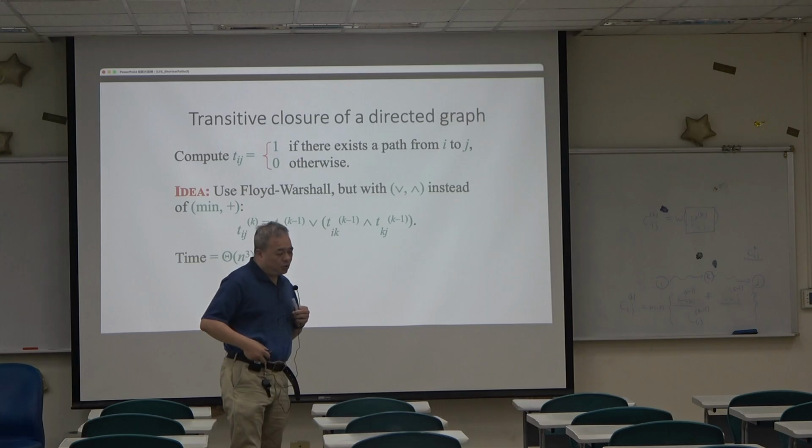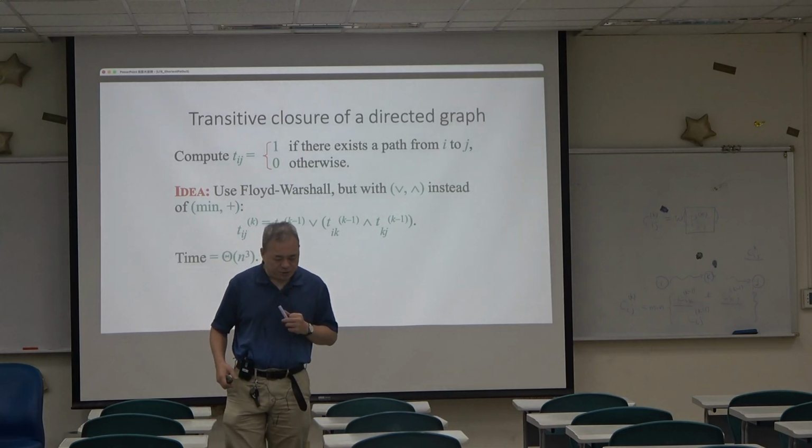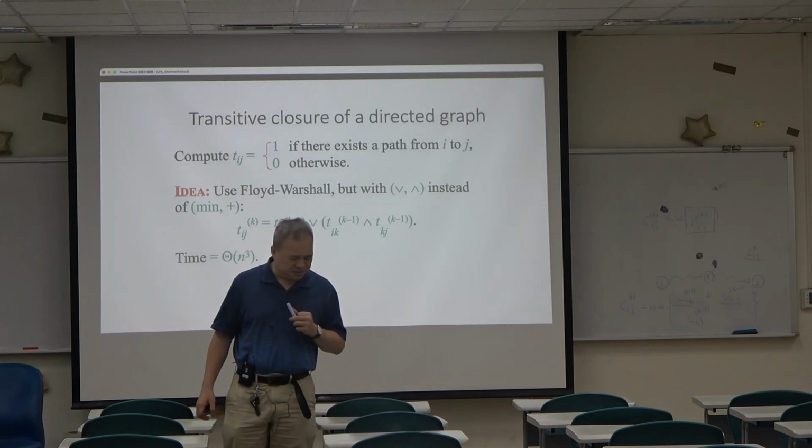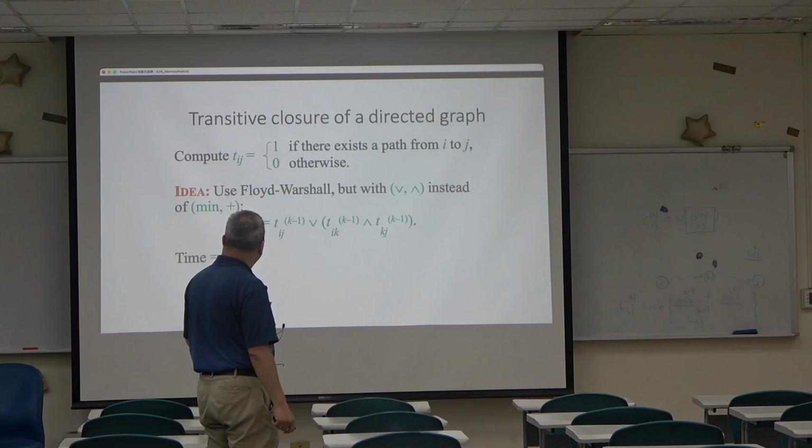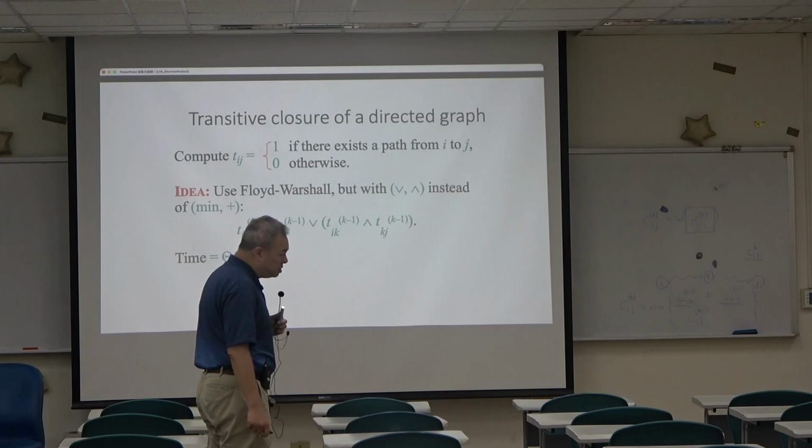Remember, we tried the Floyd-Warshall algorithm on the directed graph. With that in mind, we can also use a similar algorithm to calculate the transitive closure of the directed graph. What is transitive closure?